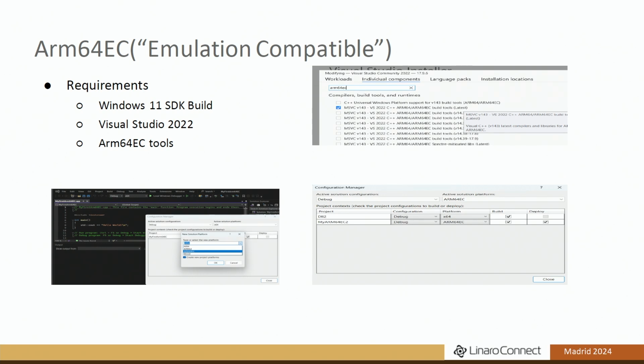Developers can usually check if they have the tools already installed by opening the Visual Studio Installer, in the top right image here. They can open up the application and see if the ARM64EC tool is installed or not.